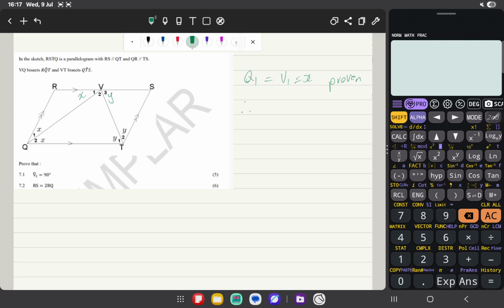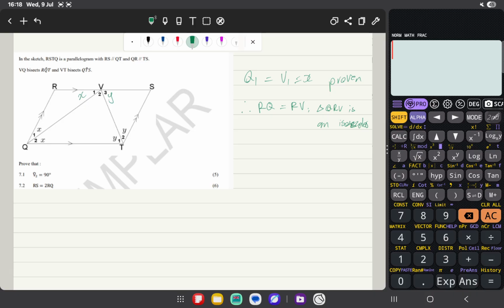So this was proven, what that will mean is RQ equals RV, and the reason will be triangle QRV is an isosceles triangle.